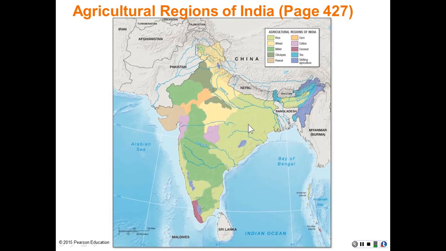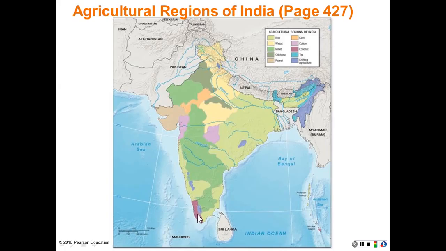Also, in eastern India, we see large regions of rice to the south and to the west of the Ganges River region and Damodar River regions. Rice is also predominant in the far south and the southeast coast as well.